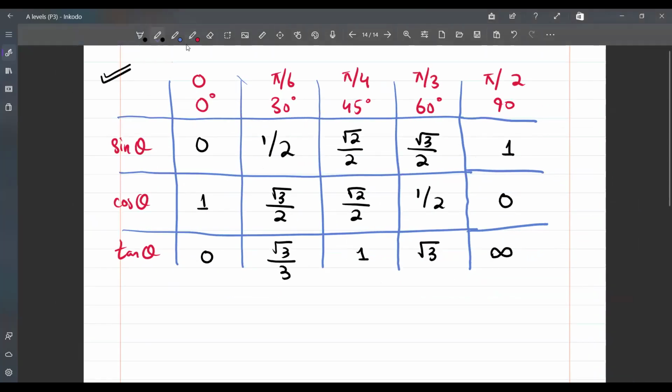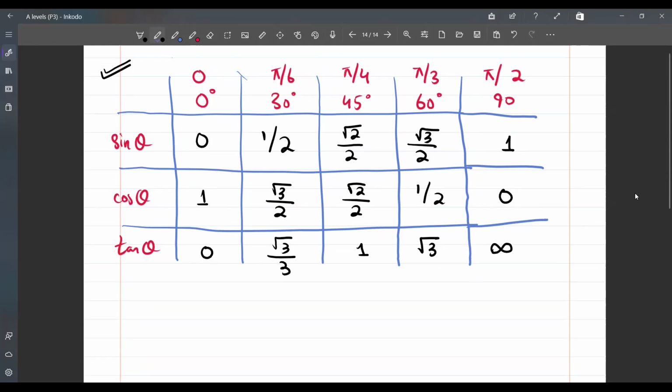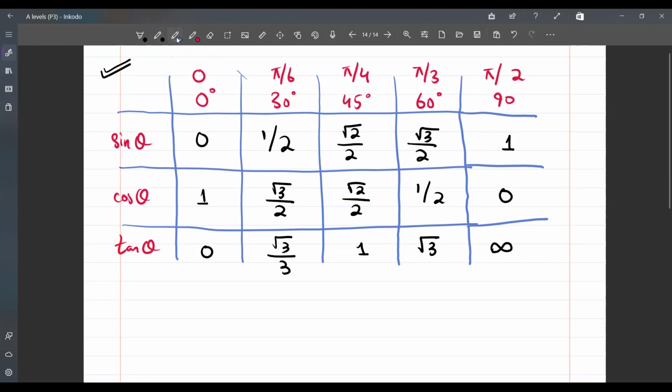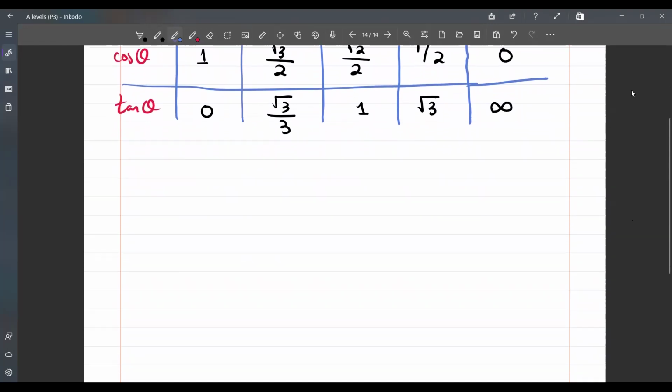Now I know you must have been wondering why we can't just use a calculator to find these values. But at times, let me give you an example. This is not an actual question, I'm just making this up, but it is based on a pretty lengthy exam question. There was a question in which we had to know that 1 equals tan 45 in order to prove an identity.